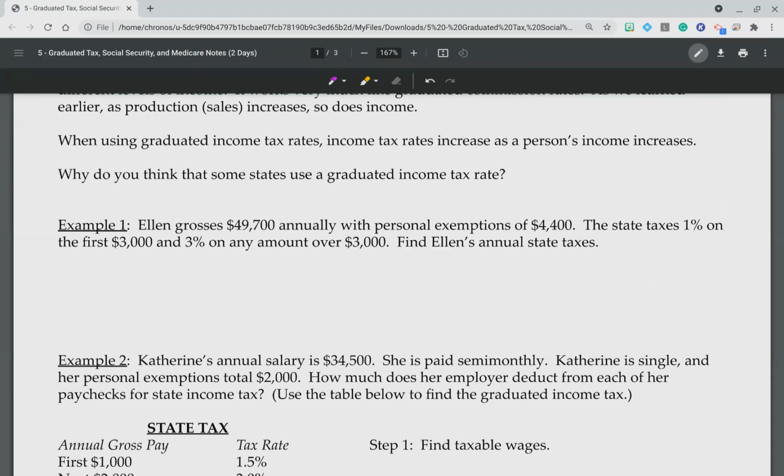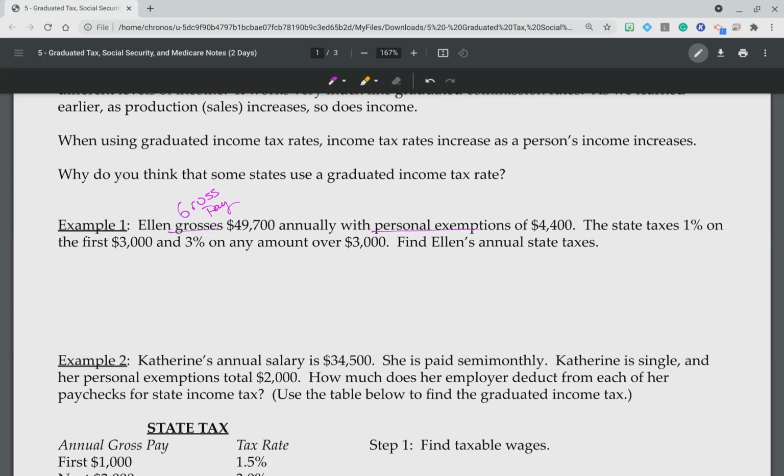Okay, so let's do an example with graduated income tax. It says Ellen grosses $49,700. I don't really think we've used this term before, but grosses just means her gross pay, her total pay. She has a personal exemption of $4,400.